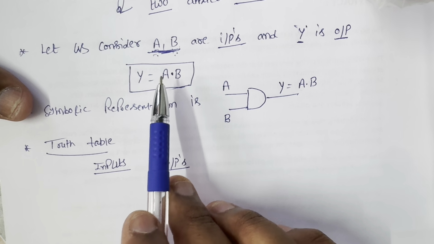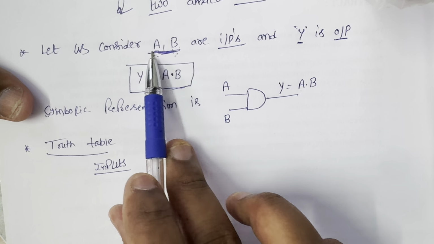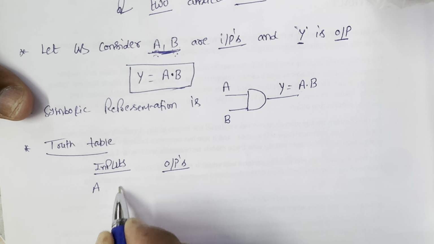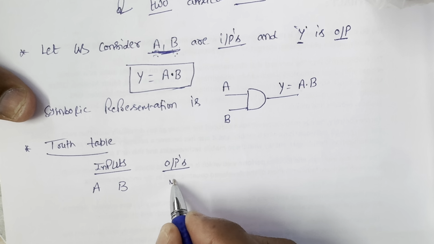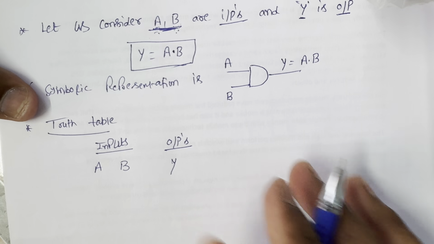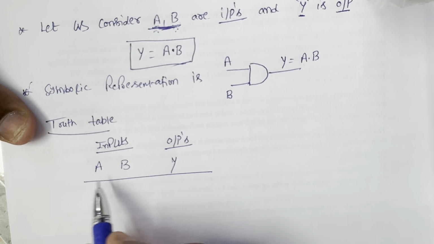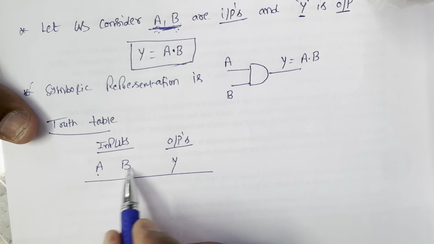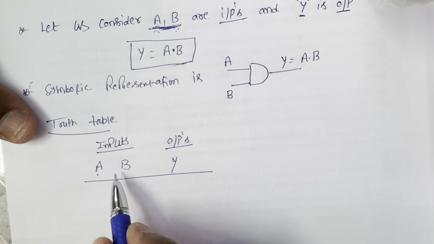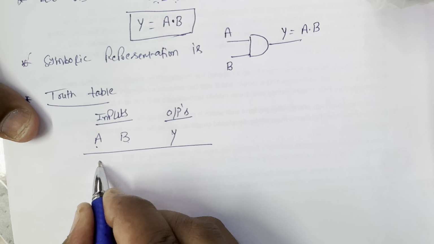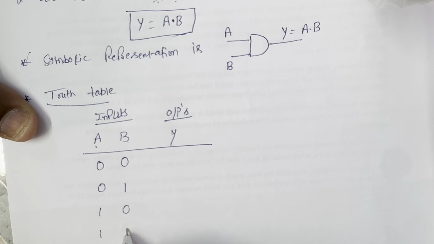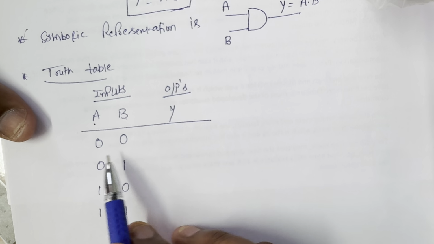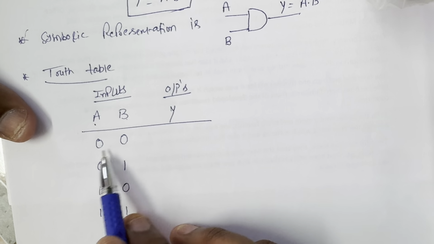There are two inputs, A and B, and only one output, Y. With two inputs, there are four possible combinations: 0 0, 0 1, 1 0, 1 1.